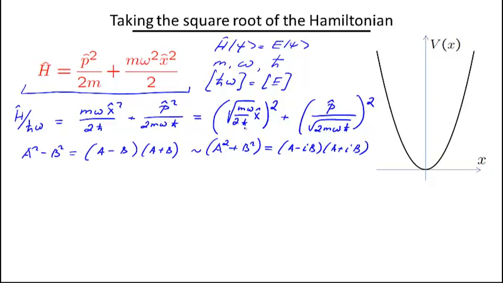So in this expression, I'm going to associate the first term with a and the second term with b. And so what I'm going to write is going to be the following.